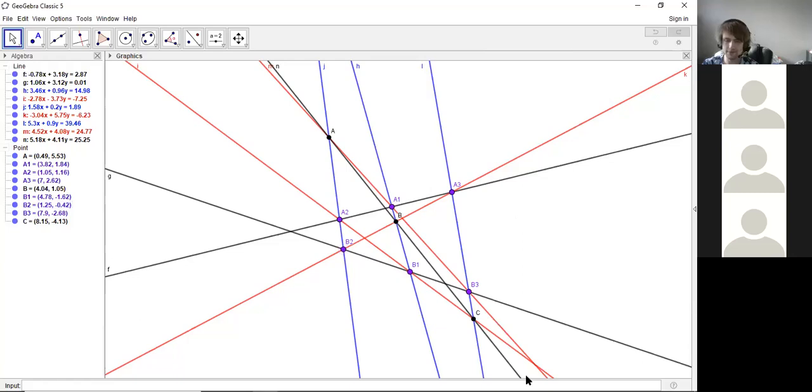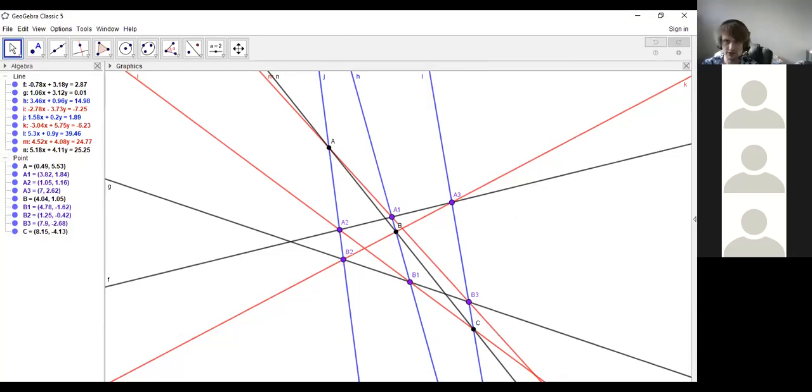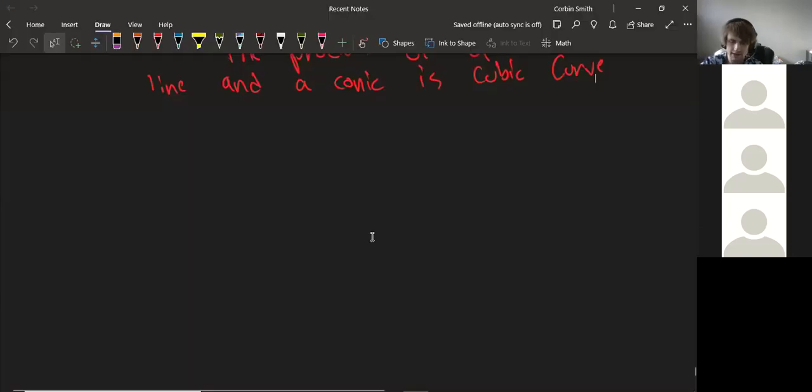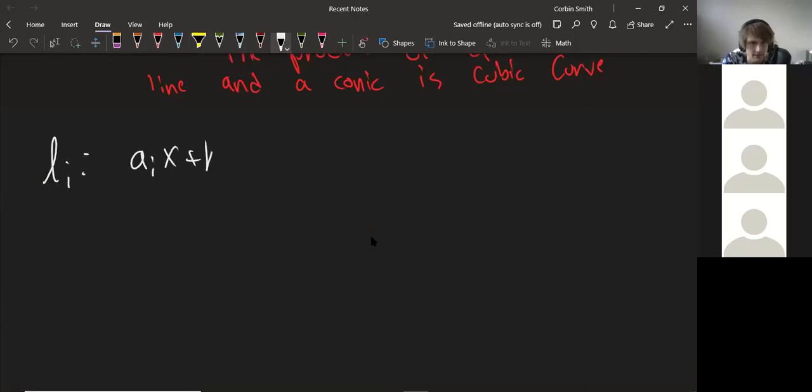So yeah, let's just go to this. Let's say I have Li equal to the equation AiX plus BiY plus Ci equals 0.